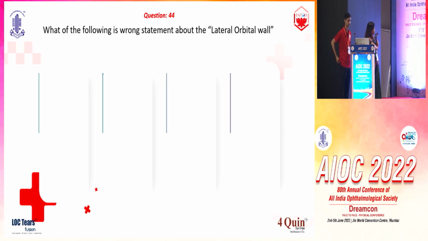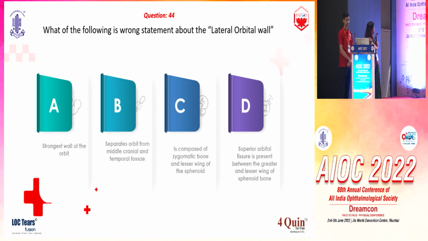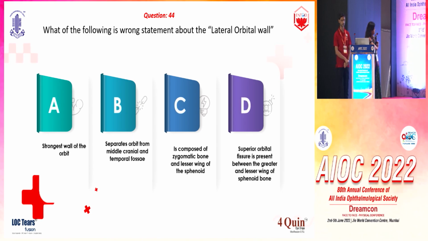What of the following is wrong statement about the lateral orbital wall? I think again this is a simple question. Strongest wall of the orbit, separates orbit from middle cranial and temporal fossa, is composed of zygomatic bone and lesser wing of sphenoid. Superior orbital fissure is present between the greater and the lesser wing of sphenoid bone. And the timer, please.